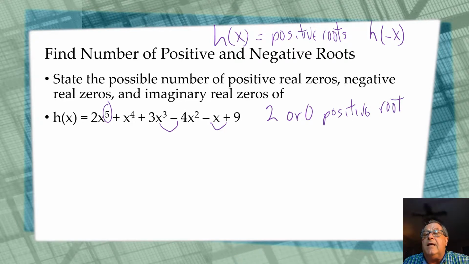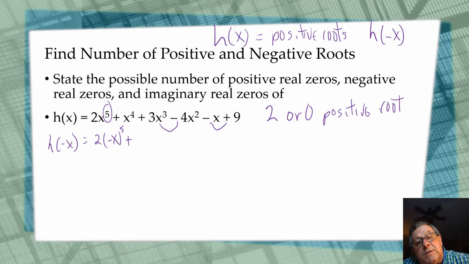All right, now let's take h of negative x. And so what we're doing now in h of negative x, I'm substituting negative x for x into the function. Now here's a tip. If the term is being raised to an odd power, the sign's going to change. So think about this.